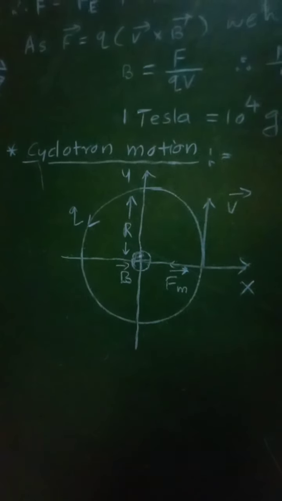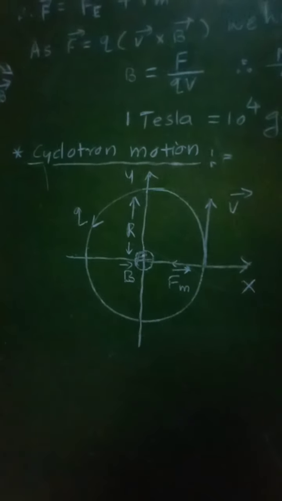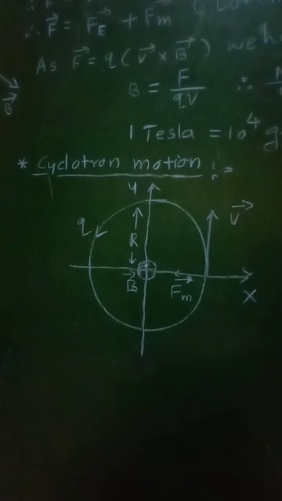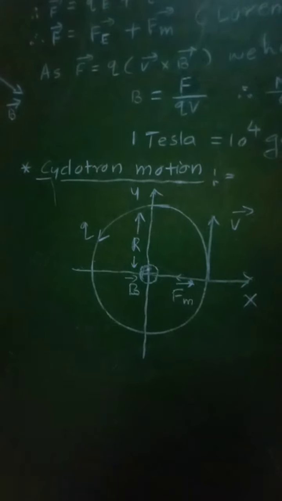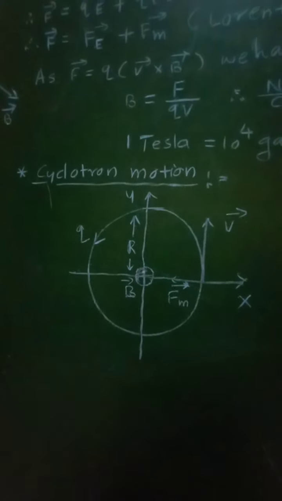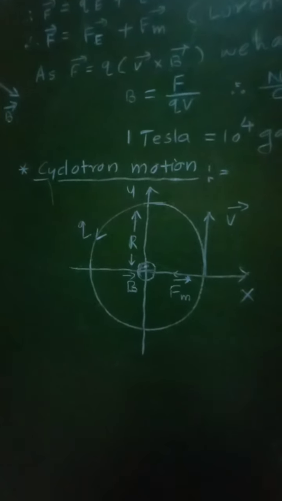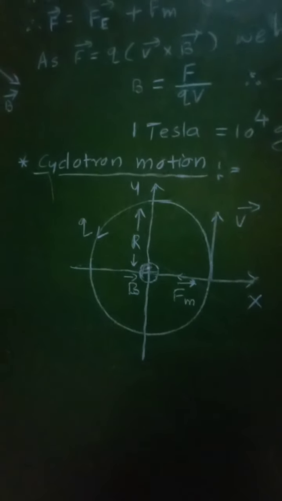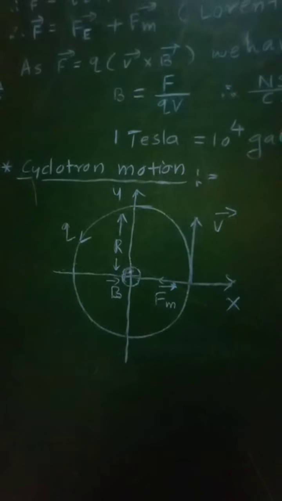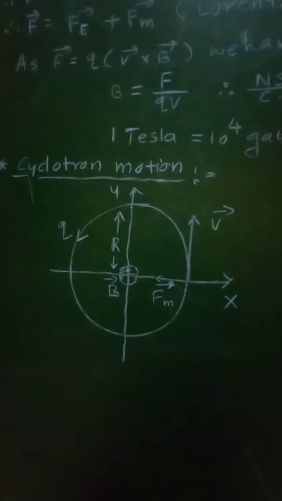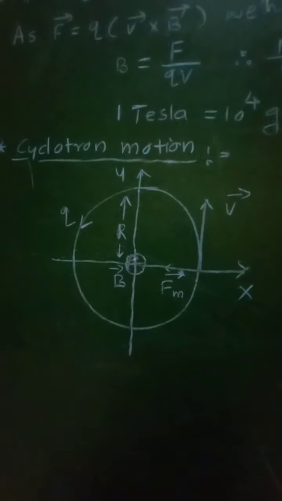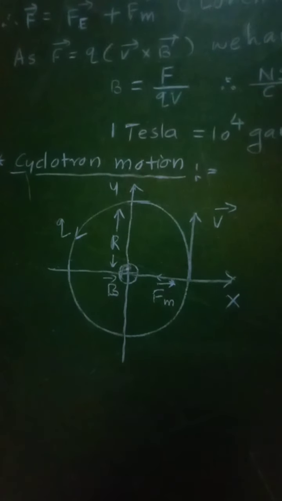In order to explain this cyclotron motion, consider a charge q moving with a speed v in a uniform magnetic field B. The uniform magnetic field B is perpendicular to the plane of the board, directed inwards.